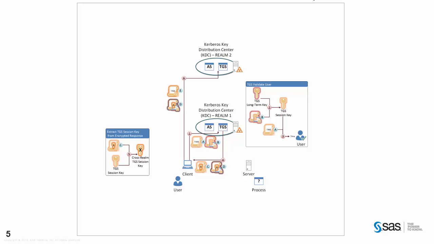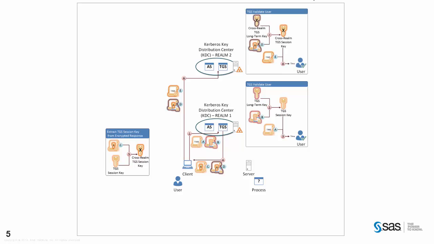Now that the client has a TGT and associated ticket granting service session key valid for the second realm, it is able to create another KRB TGS request for the KDC in the second realm. This is shown in step 6 and contains the TGT for realm 2 and an authenticator encrypted using the TGS session key for realm 2.